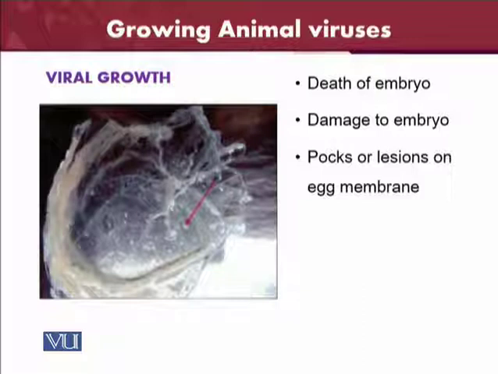But before the embryo dies, the virus has caused enough damage to the embryo and has left some inclusion bodies or lesions on the egg membrane, on the basis of which we can see that we have grown the viruses, and we can identify it, isolate it, or use it for some other purposes.